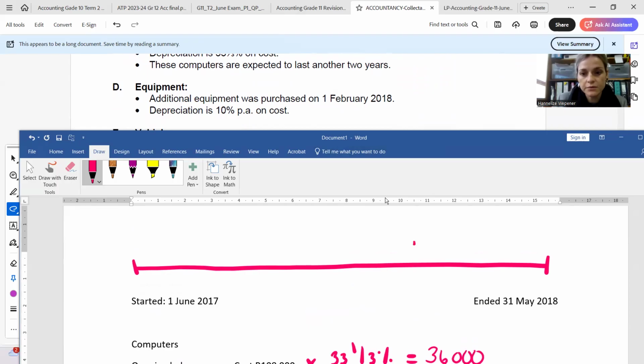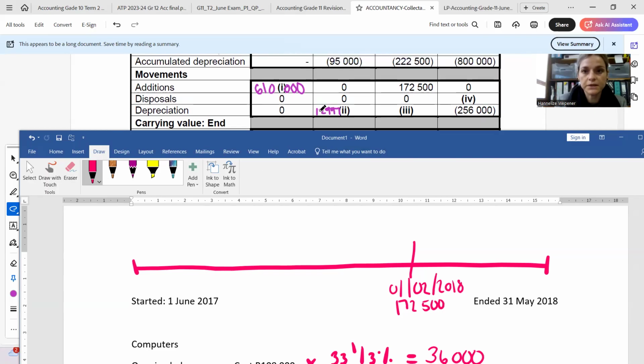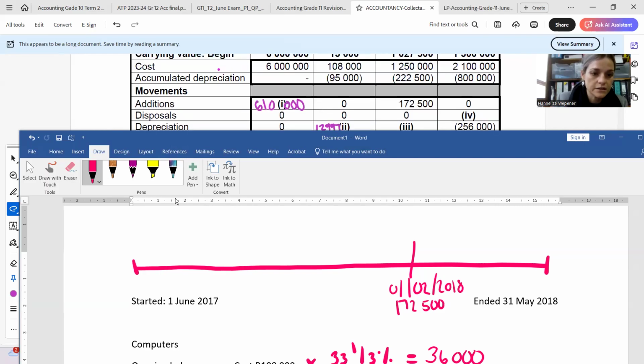So somewhere here within your financial year, on the 1st of Feb 2018, you purchased new equipment, and the new equipment had a cost of 172,500. So in other words, you started with some equipment. Yes, that's correct. So you had some equipment at the beginning of the year that you didn't dispose of.